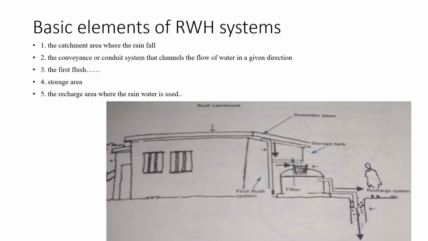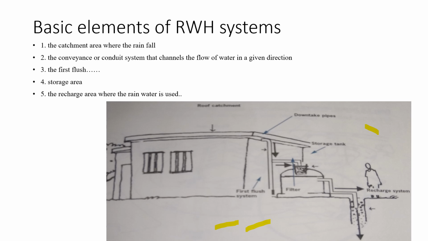You will see the picture here. This is the simple model of a rainwater harvesting system. Now, what do these basic elements include?